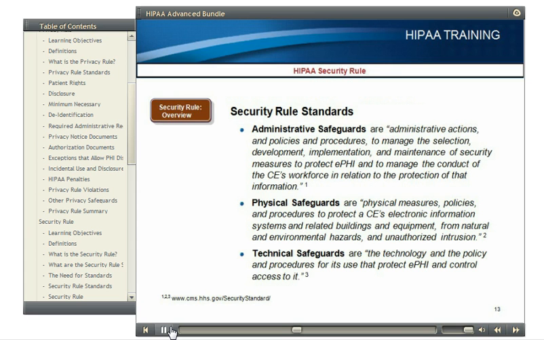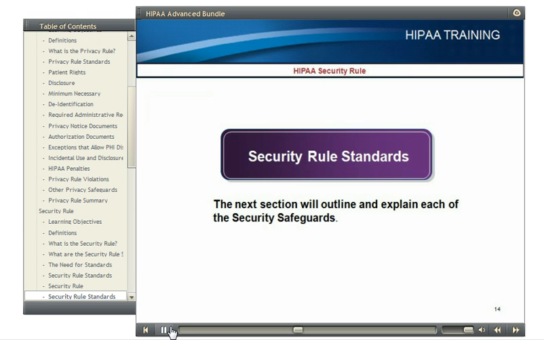Physical safeguards are physical measures, policies, and procedures to protect a CE's electronic information systems and related buildings and equipment from natural and environmental hazards and unauthorized intrusion. Technical safeguards are the technology and the policy and procedures for its use that protect EPHI and control access to it. The next section will outline and explain each of the security safeguards.